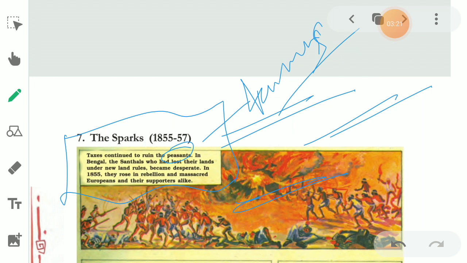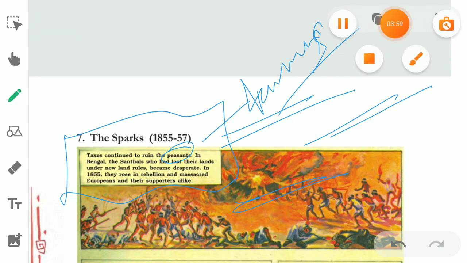When they started to hate the British people, what was the impact? It was presented in the form of a massacre. Massacre in the sense that a large number of people were killed, Europeans and their supporters alike. Similarly, Europeans and other people were also killed in this particular struggle. So this is the spark which has happened.